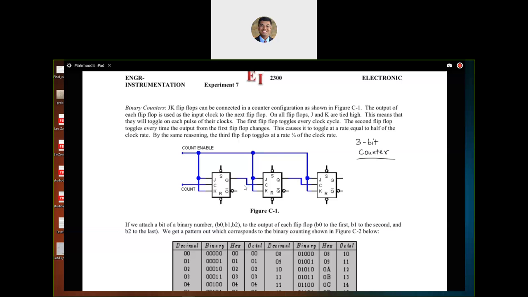We are going to assume that each of these JK flip-flops is a negative edge triggered JK flip-flop.